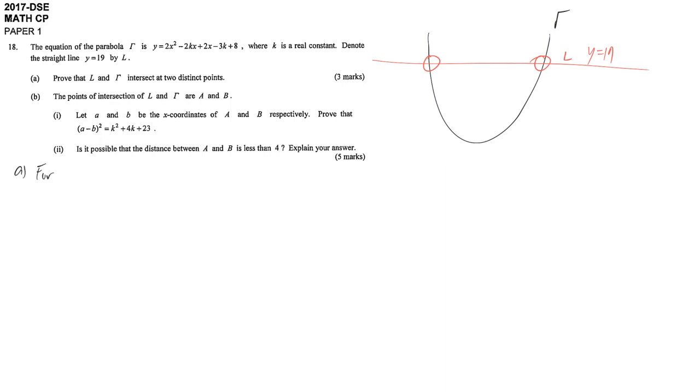Part A, for the intercept point. We are talking about a point on the parabola that fulfills this requirement, and at the same time, a point on the line that fulfills the second requirement.